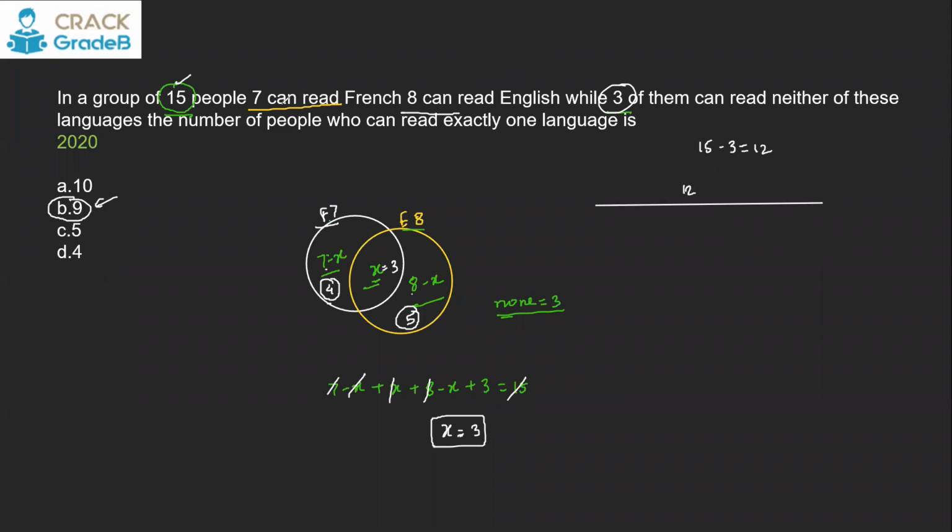The 7 people who read French, so consider this yellow line. Those 7 people will have the coupon, the yellow coupon. That means the ones who read French. 8 can read English.